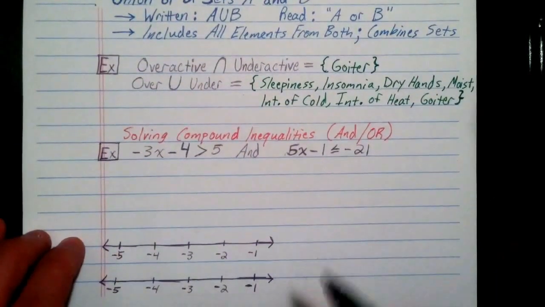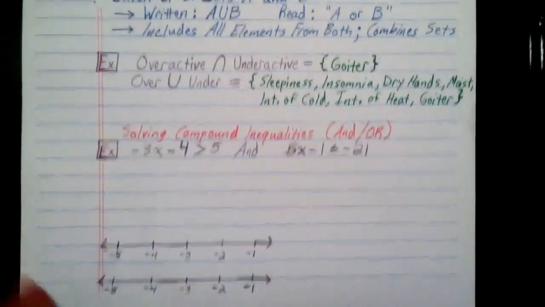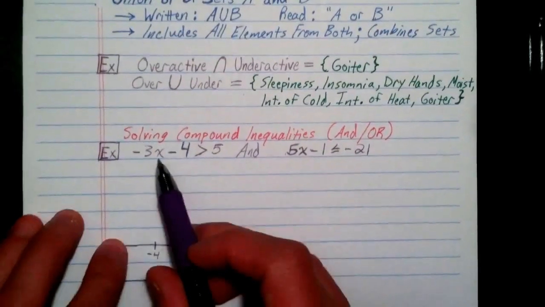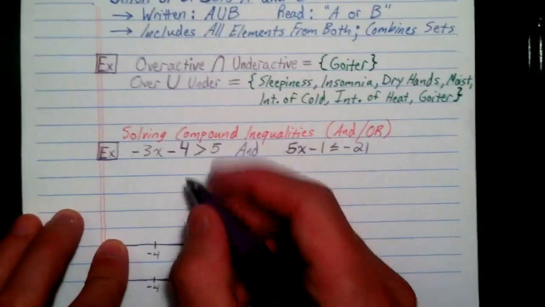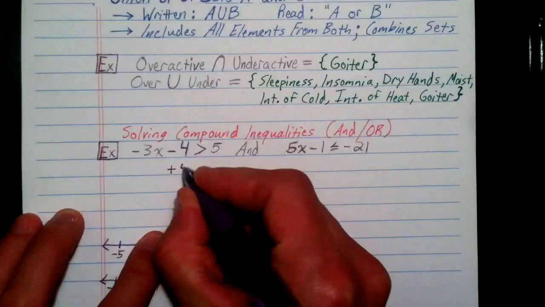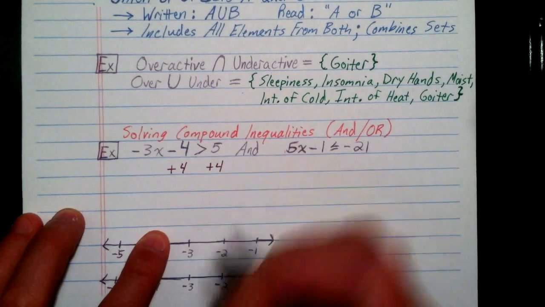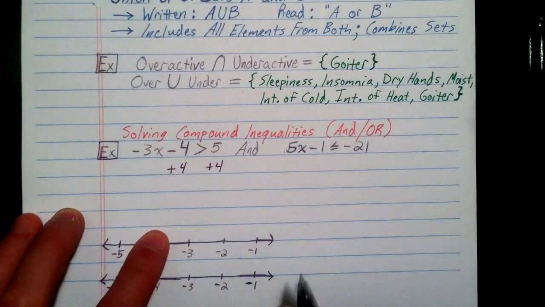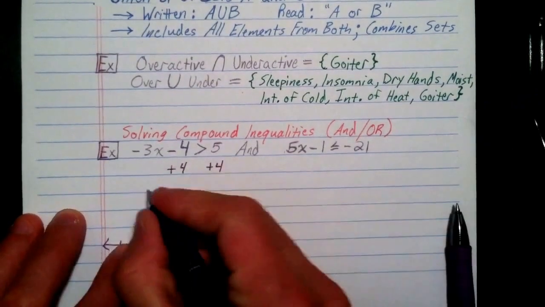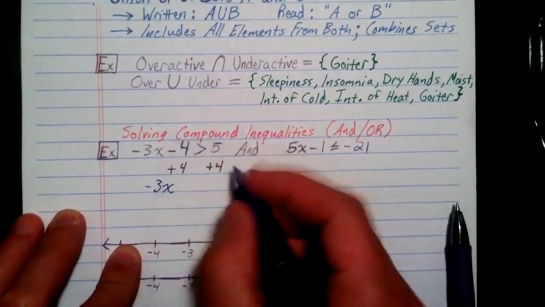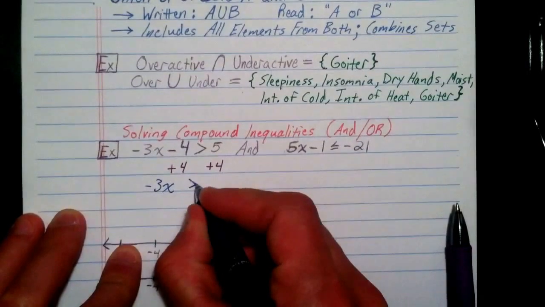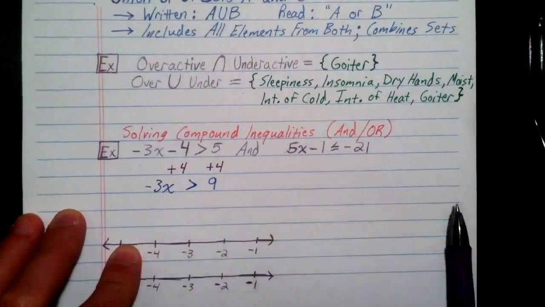To solve these compound inequalities, these double inequalities, we have to solve both individually, graph them both, and then, depending on whether we have an AND or an OR, look at those two graphs to come up with a final overall graph answer. Solving our first inequality, negative 3x minus 4 is greater than 5. We add 4 to both sides to cancel out the 4. That leaves us with negative 3x, since the negative 4 and positive 4 cancel, and 5 plus 4 gives you 9.